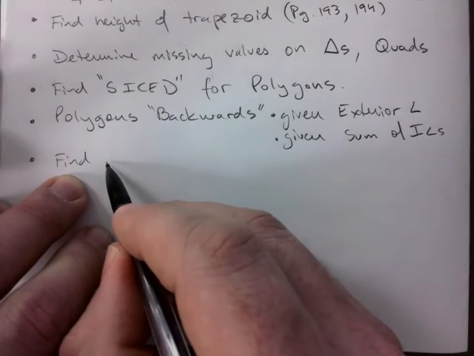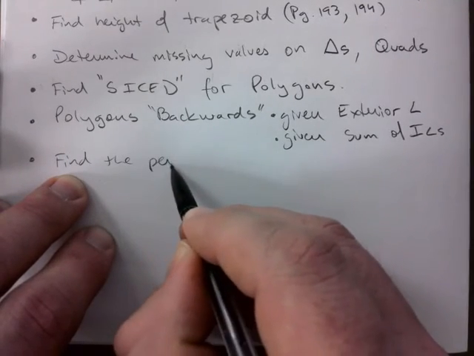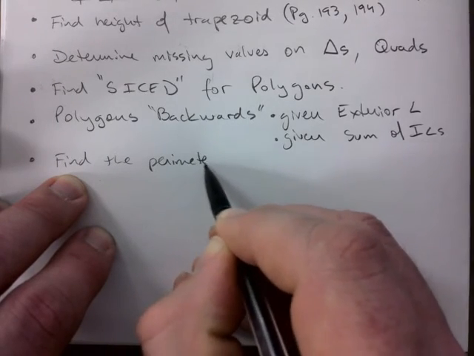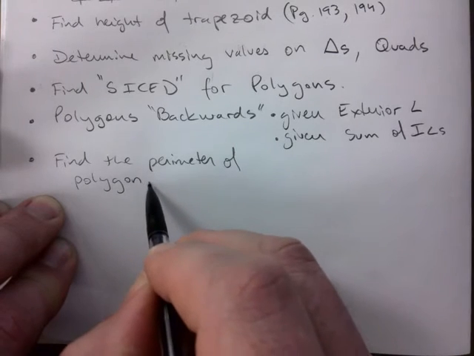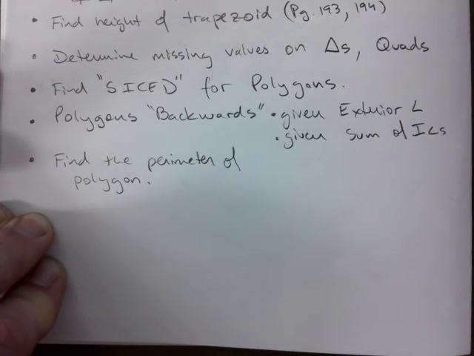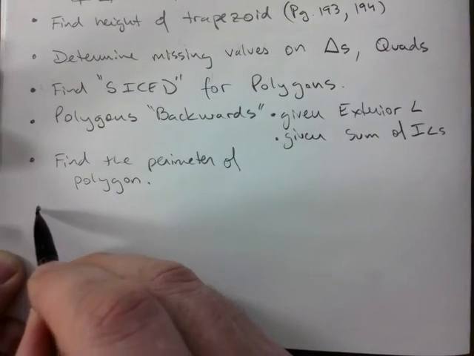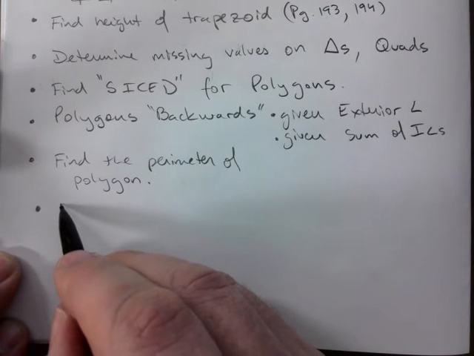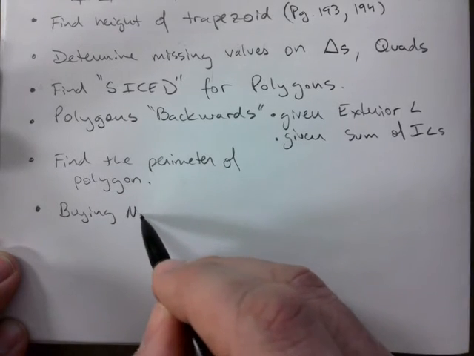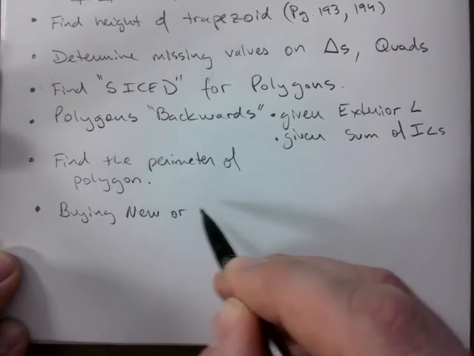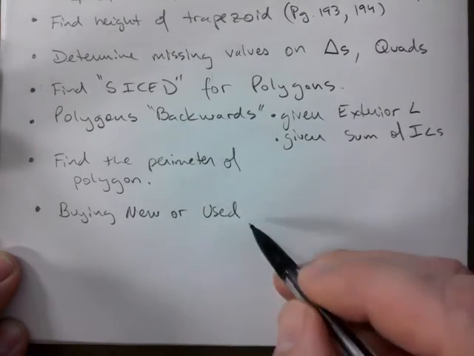Find the perimeter of a polygon. I will say that review buying new or used car.